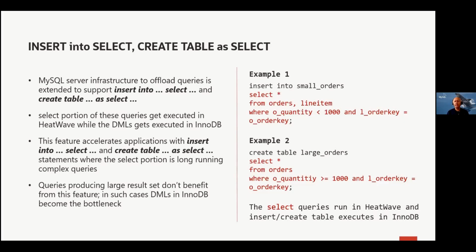We have seen that in general, HeatWave is maybe 1,000 to 5,000 times faster for many complex queries compared to the MySQL database. So if the bulk of the time in these statements is spent in executing the select statement, customers will see a dramatic improvement in their performance.